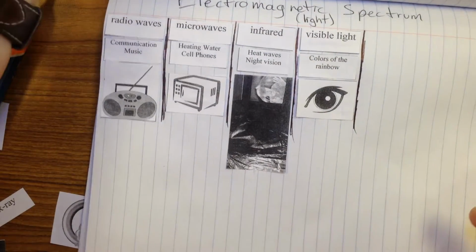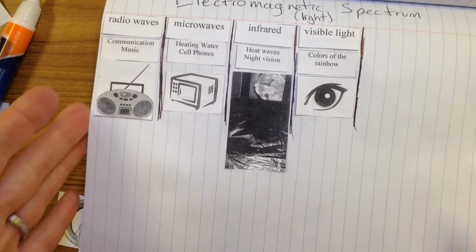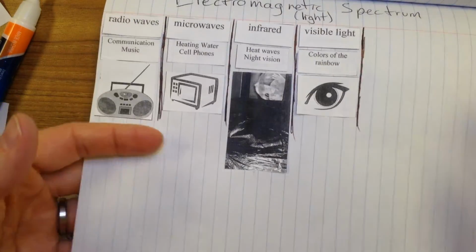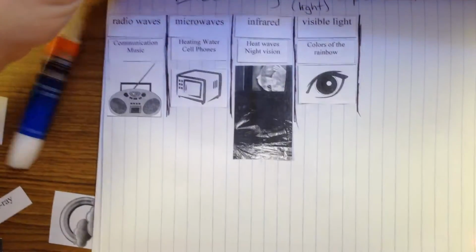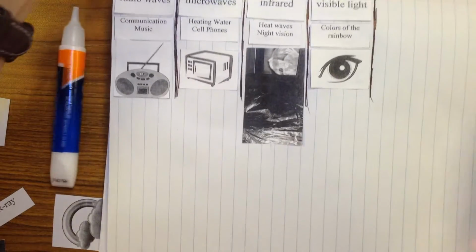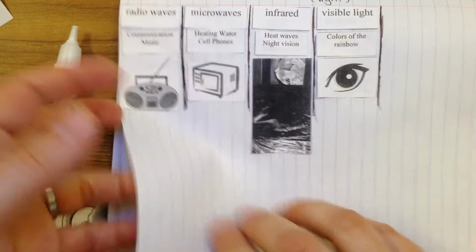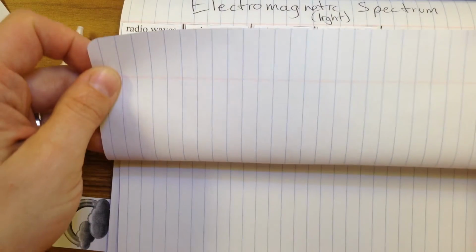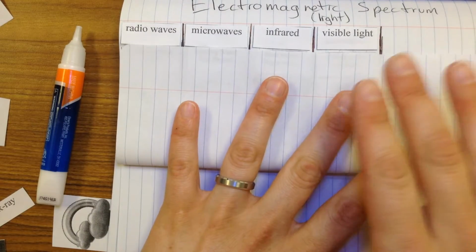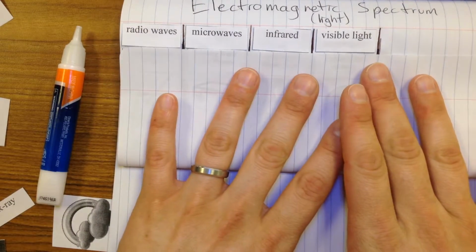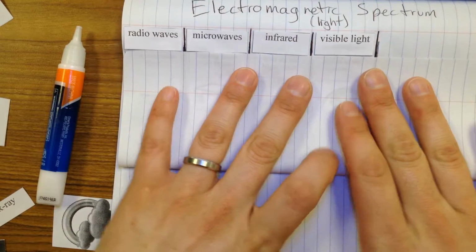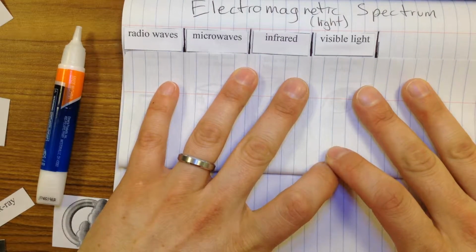So, this is where it gets a little complex. Everybody pay close attention. Take the bottom of your paper. Take that, fold it up so that it comes right underneath the words, and crease that.